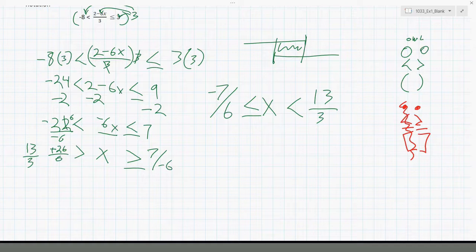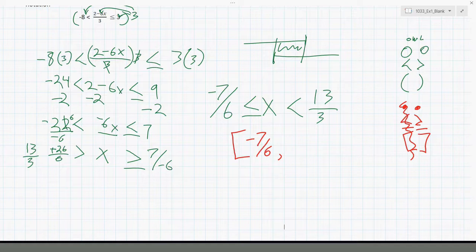But now going back to this, we're going to say, all right, our first one is negative 7 over 6 is less than or equal to x. So that means it's going to equal it. It's a robot, therefore it gets a bracket. So we're going to put a bracket on the outside and go negative 7 over 6, and then it's going to be existing all the way up to 13 over 3, right?